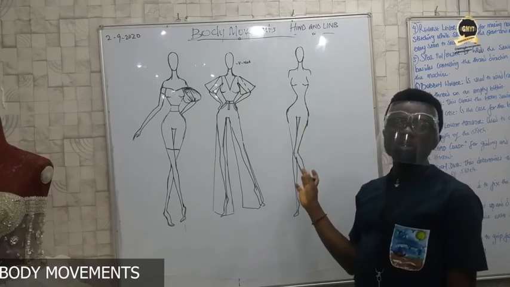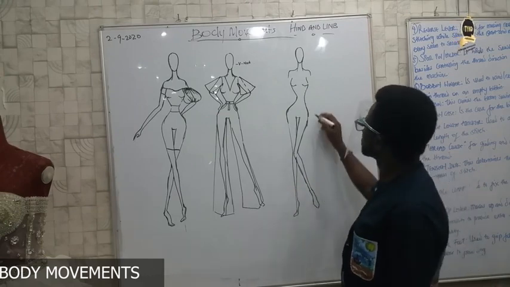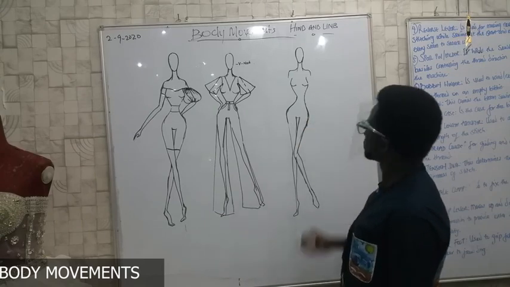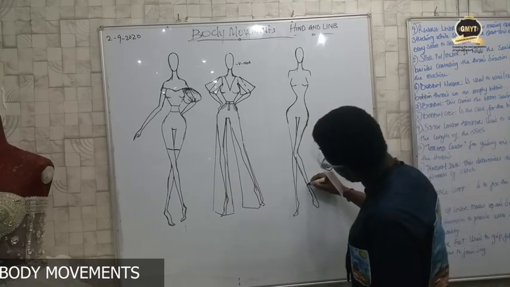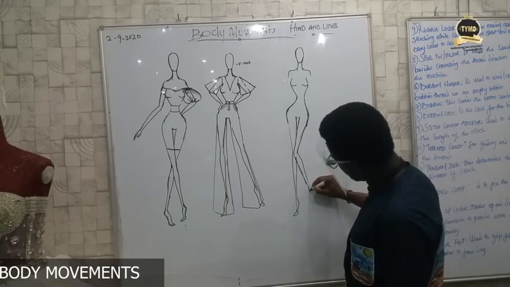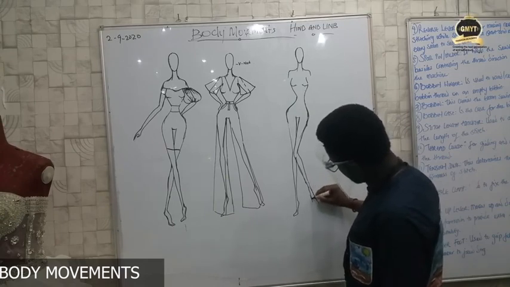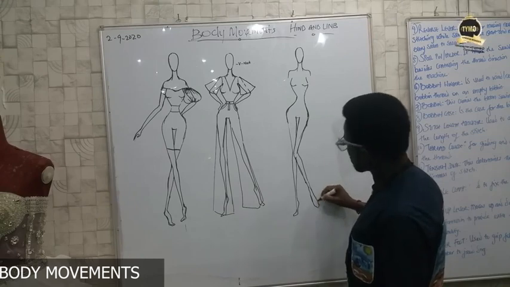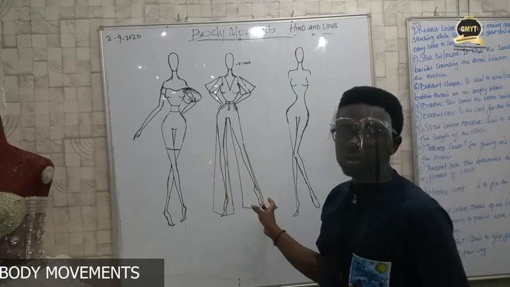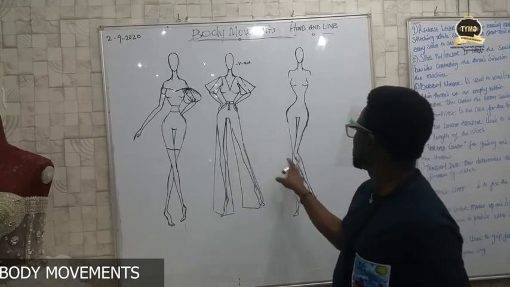Now this is called the knock nail posture. And you find out that the three postures are different from each other. Here she's crossing her legs, here her legs are spread wide open. Now here she's knocking her nail.